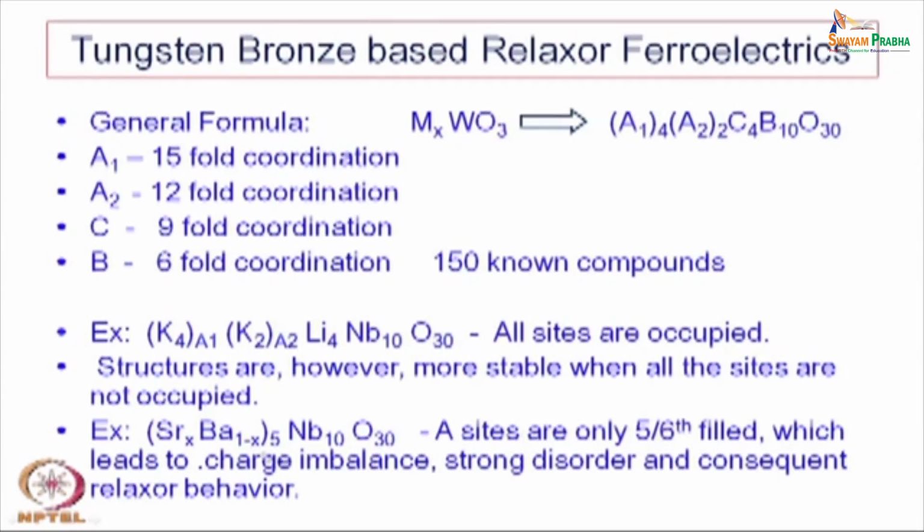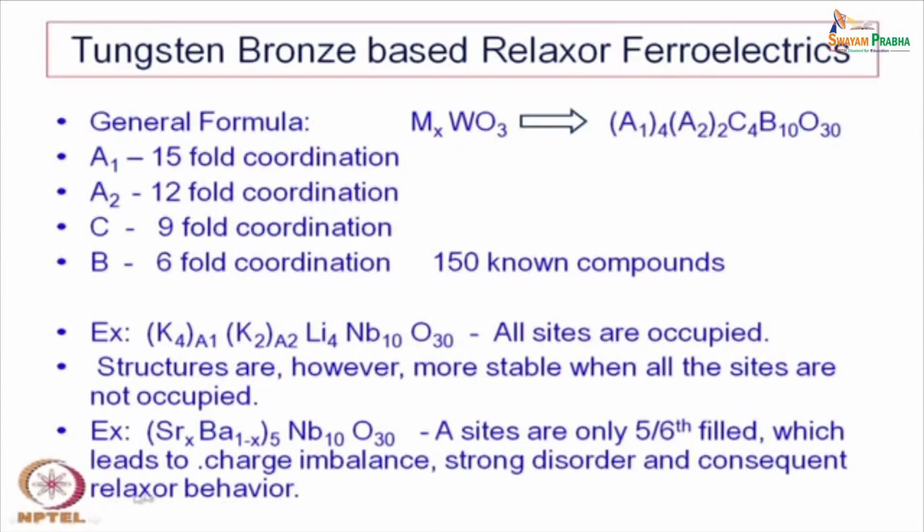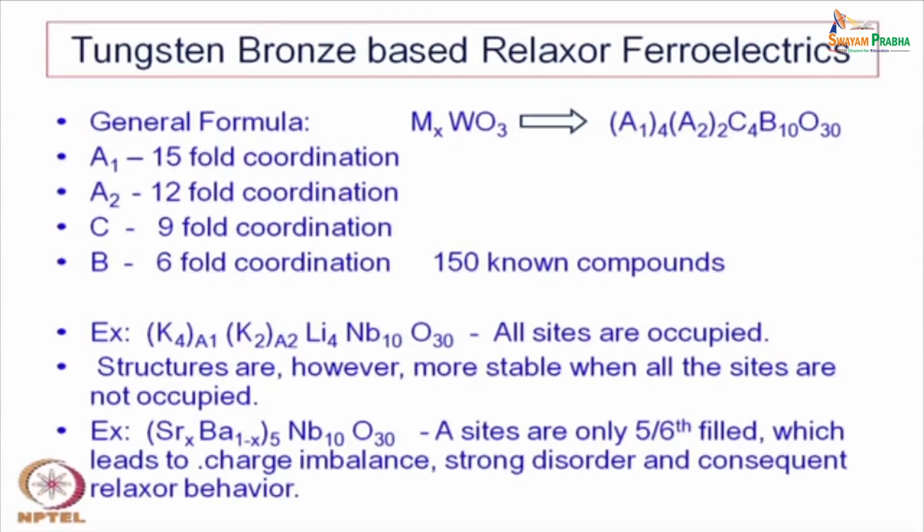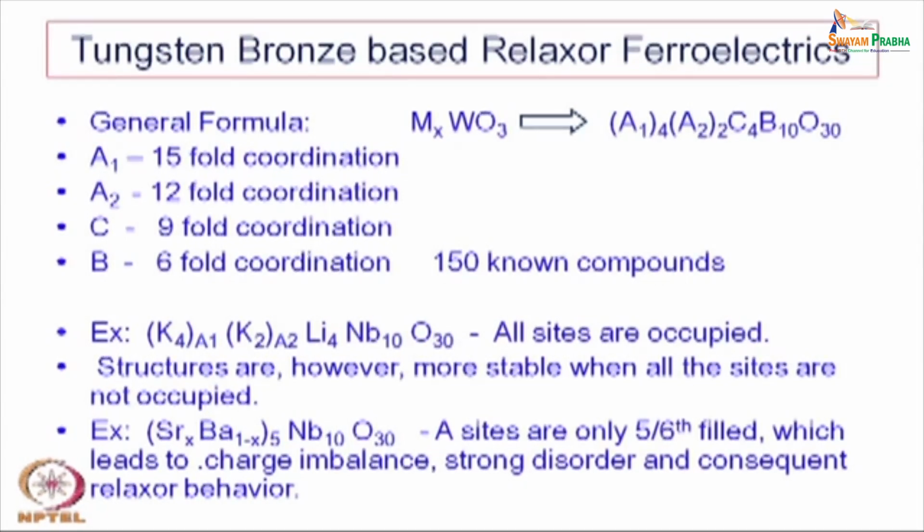Which leads to charge imbalance, strong disorder and consequent relaxor behavior. So, basically a relaxor ferroelectric structure is a disordered structure, and you have a distribution of different sizes of nano domains, and that is the origin of the relaxor behavior of ferroelectrics.